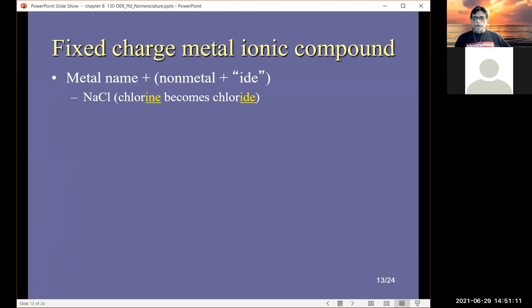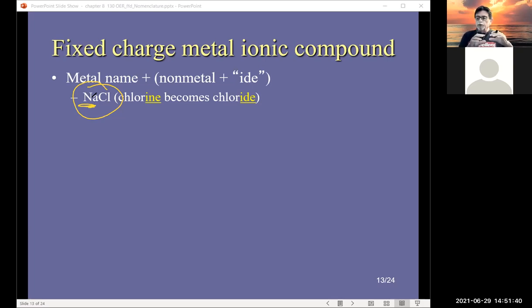So we're going to work backwards. So remember, as I mentioned, we got the formula NaCl. You might be tempted to call it chlorine, but keep in mind it's not diatomic. There's no 2 there to think that maybe it's the element. Also, notice with ionic compounds, the metal is always displayed first.